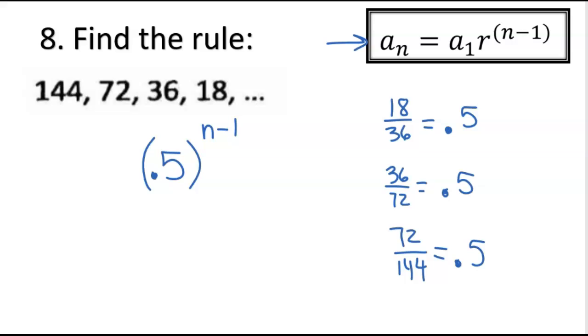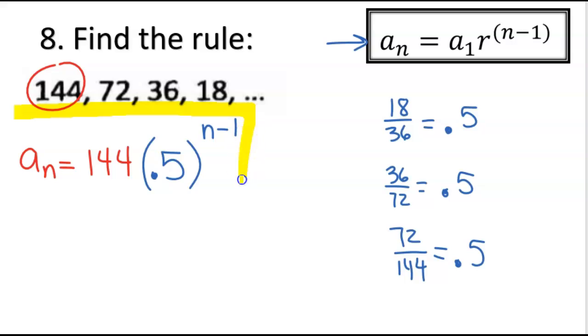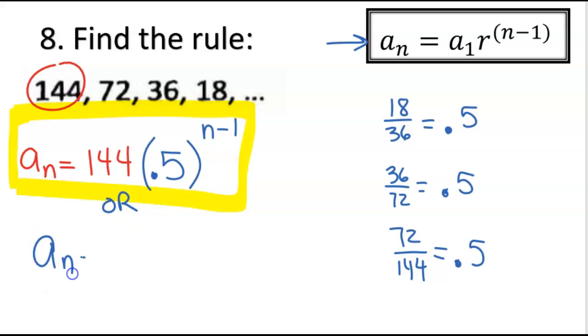A sub 1 is the number you start with. This is the rule. Probably on a homework problem, I would write it this way instead. 0.5 is equal to 1/2.